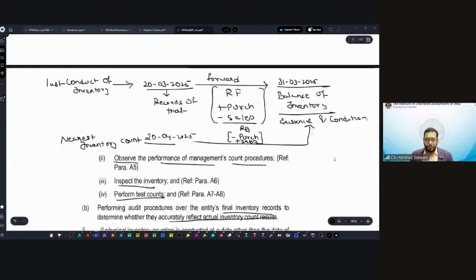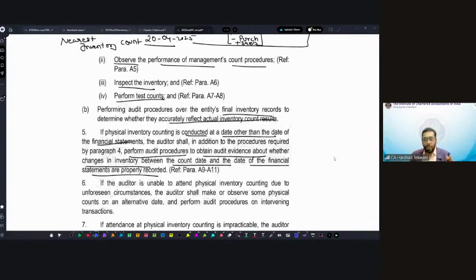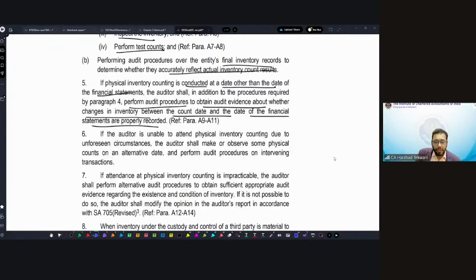So that was with respect to the unforeseen conditions. If there are unforeseen conditions, perform the inventory count on some other date, or perform audit procedures on intervening transactions or something else. You need to perform alternate audit procedures and obtain sufficient and appropriate audit evidence regarding the existence and condition.